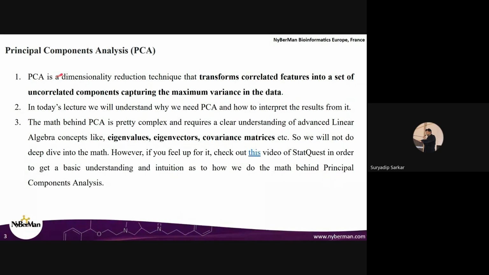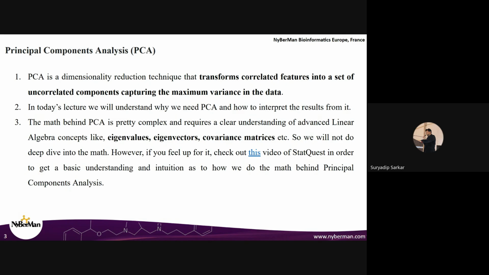What PCA does is transform correlated features into a set of uncorrelated components, capturing the maximum variance in the data. Just like we saw correlation heat maps, I told you that if any two features in your feature set have very high correlation, you can go ahead and drop one of them.